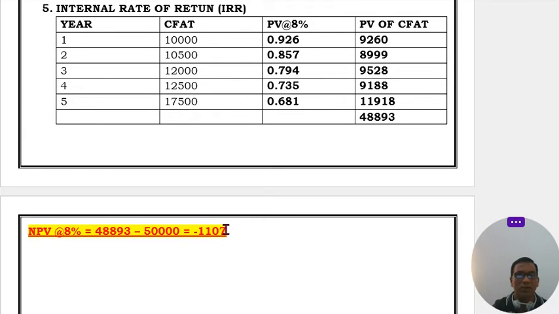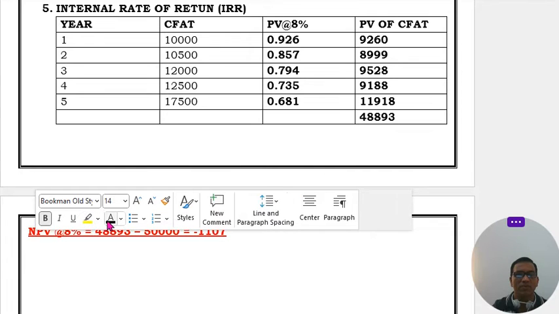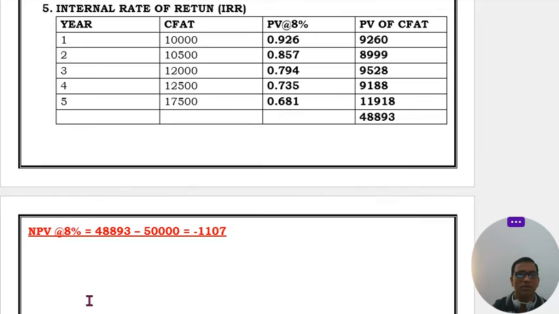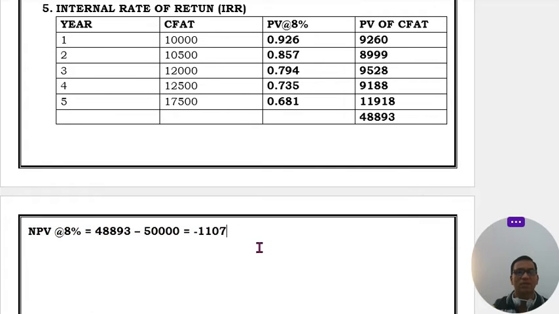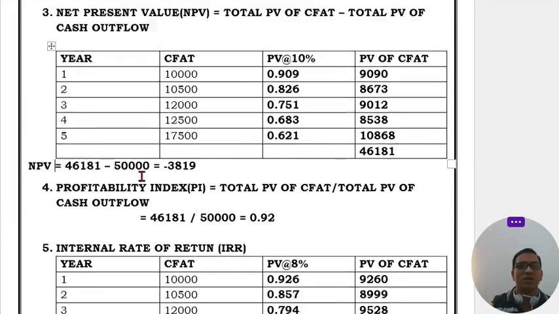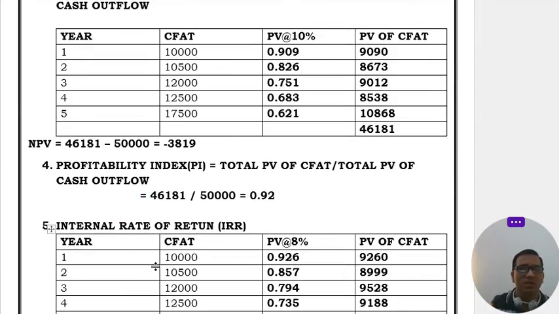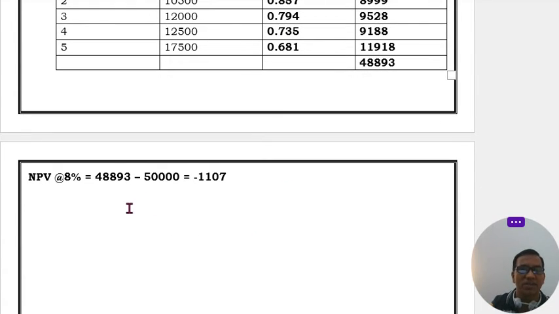So now you have two NPVs in front of you: the NPV at the rate of 10%, and one more NPV at the rate of 8%.